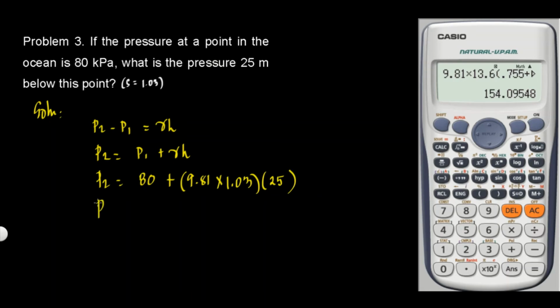So P2 is 80 plus 9.81 times 1.03 times 25 equals 332.61 kPa.